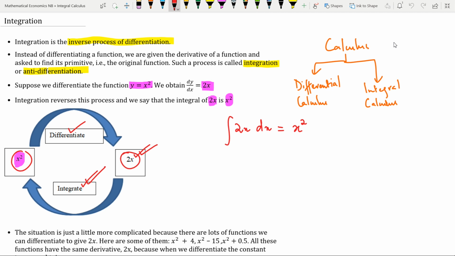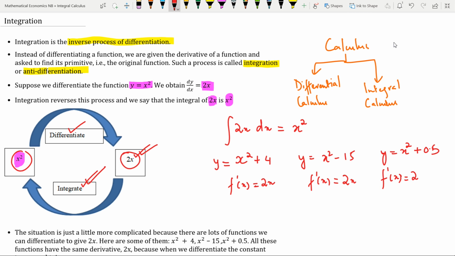However, given a derived function, we will not get exactly the original function. Why? The reason being that the original function might be y equals x square plus 4, or y equals x square minus 15, or y equals x square plus 0.5.